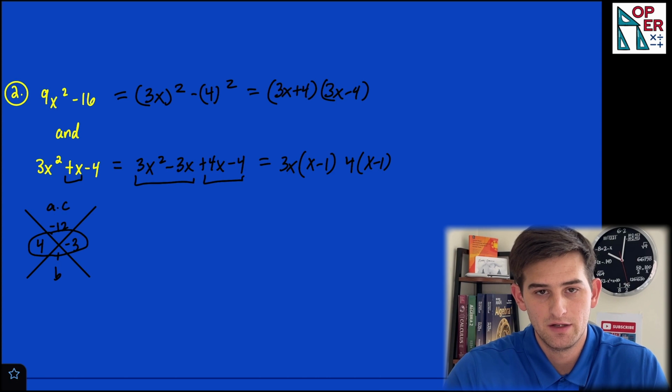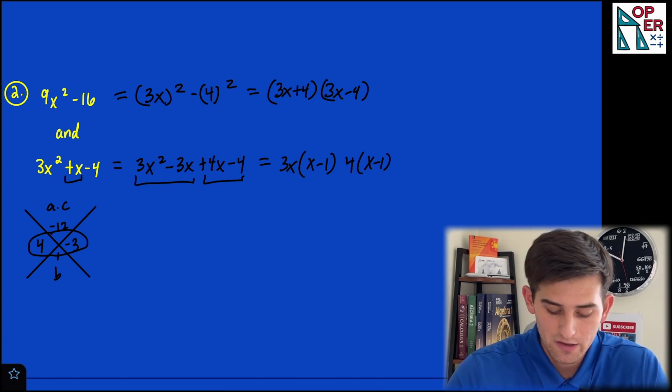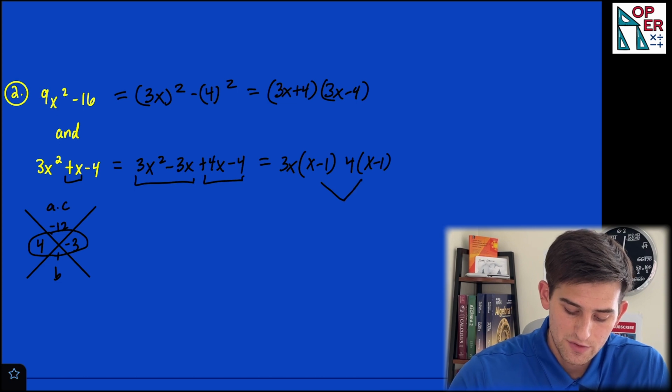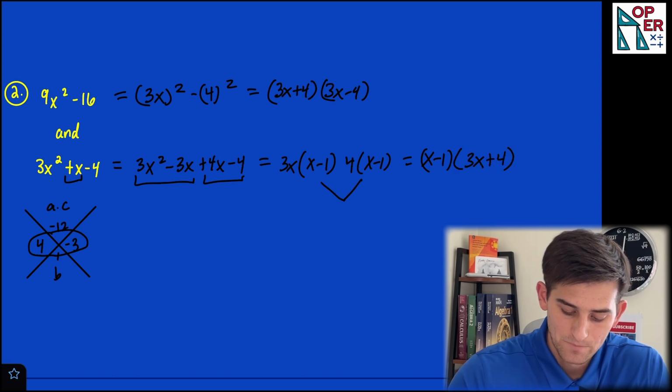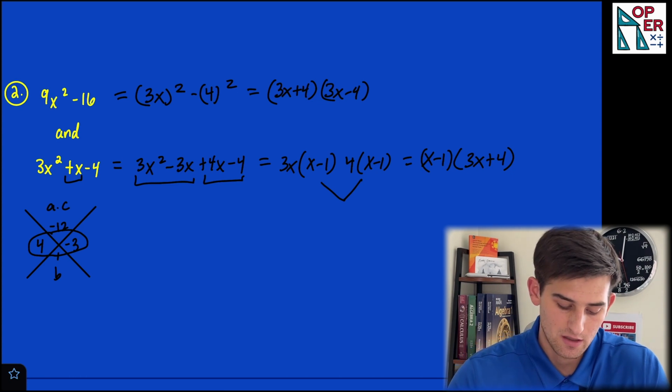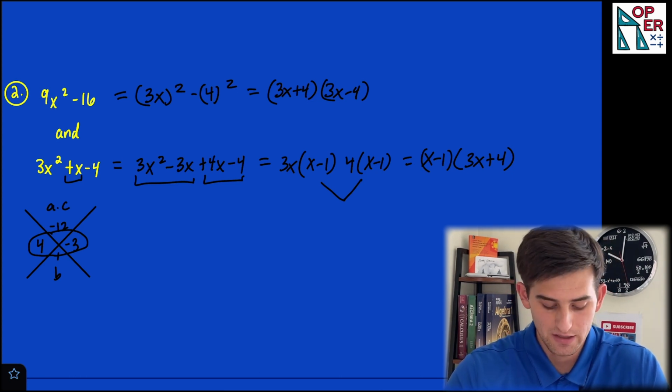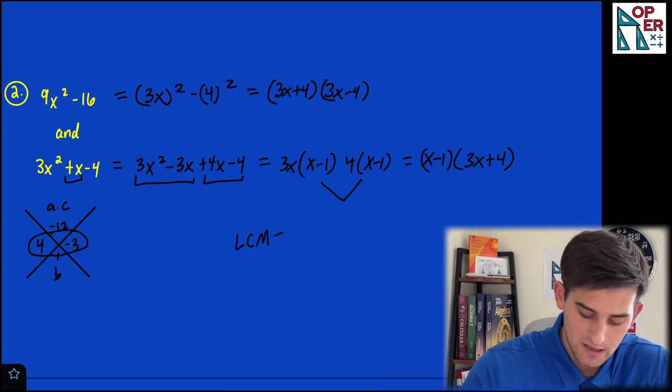The purpose of factoring using the x method and grouping is so that we get a common binomial that we could factor out, which would be x minus 1. So now we could write this as x minus 1 times 3x plus 4. Okay, so now we see our two expressions completely factored.